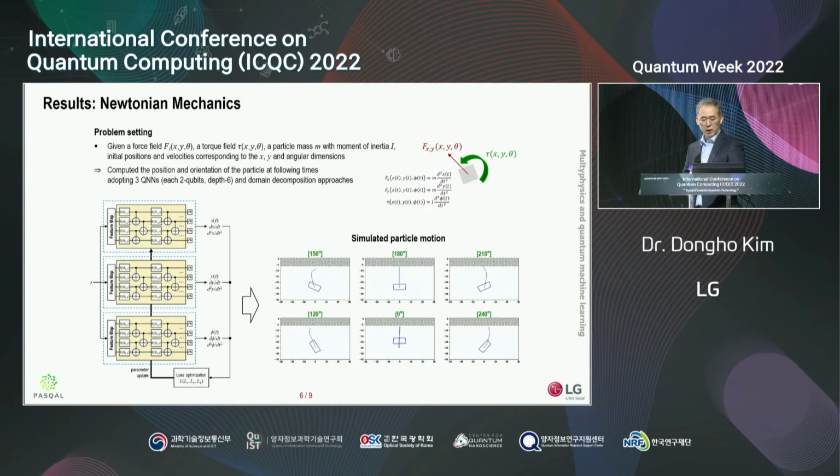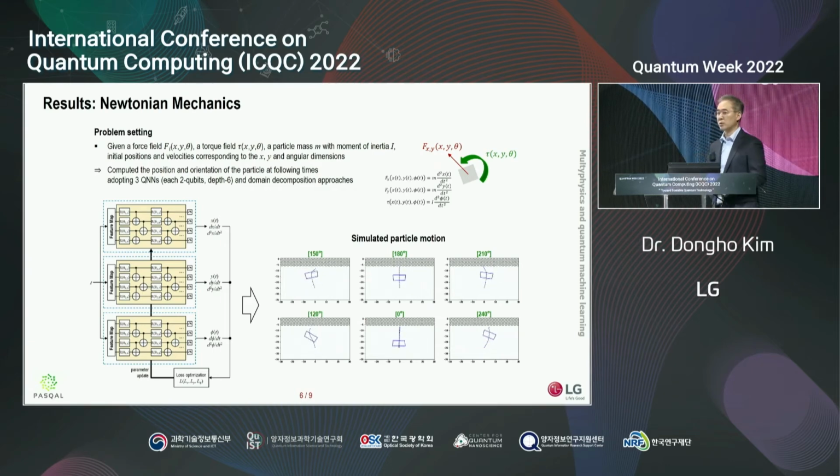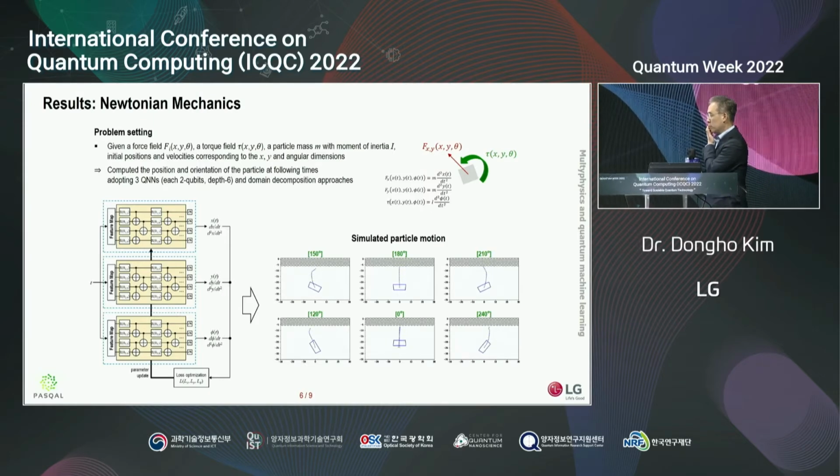So this is the Newtonian mechanics result. This is a two-dimensional differential equation. We used 3 different QNNs, and each QNN has 2 qubits and 6 steps. That's very simple, but we can solve the differential equation by using these simple QNNs.